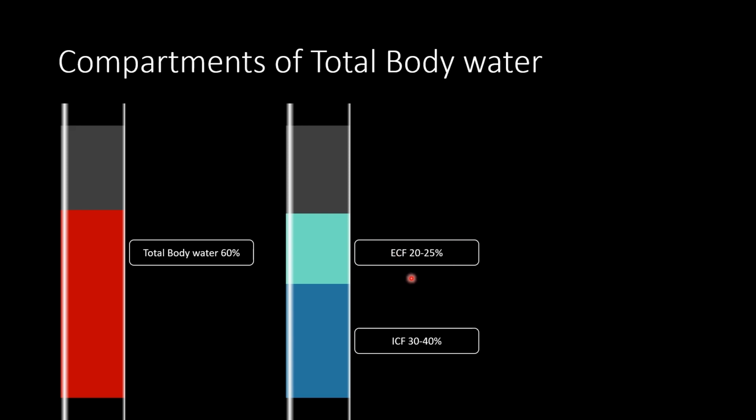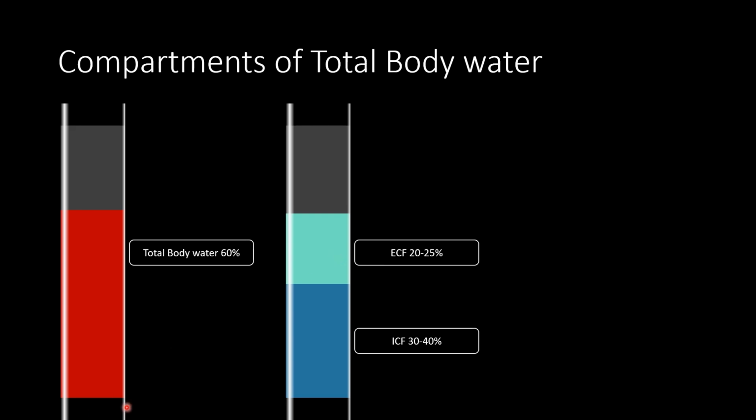We can just remember that as two-third, one-third. Two-third of 60% is 40%, one-third of 60% is 20%. So we can roughly remember that among the 60% that is total body water, 40% is intracellular fluid, that means inside the cell, and 20% is extracellular fluid, that is outside the cell.